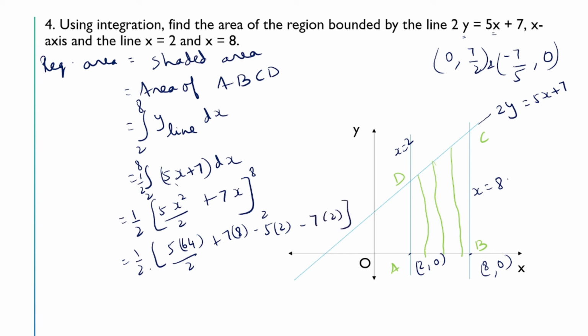So there is 1, 2 outside. Let us cancel this. So here it will be 16, then 4. Here these 2 will go. So it is equal to 80 plus 28 minus 12. So it is equal to 96 square units. So this is the required area.